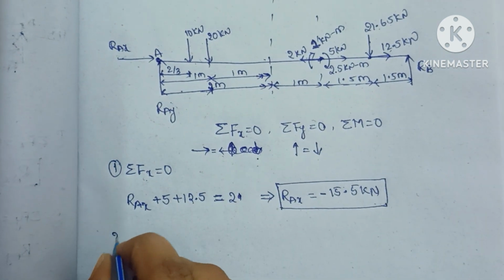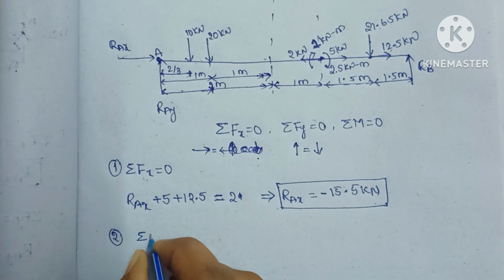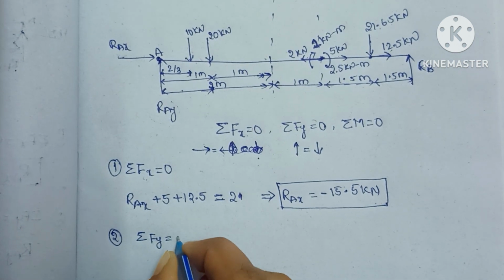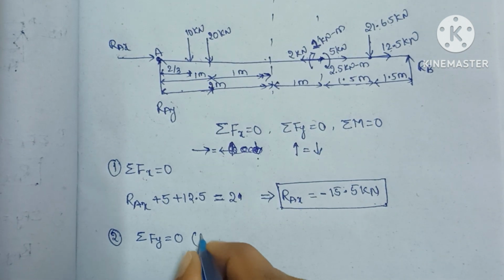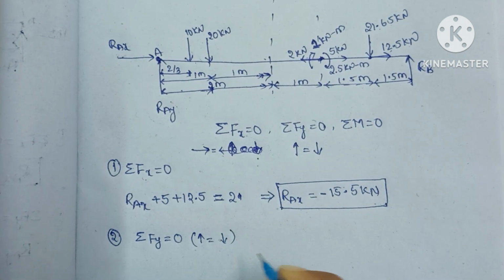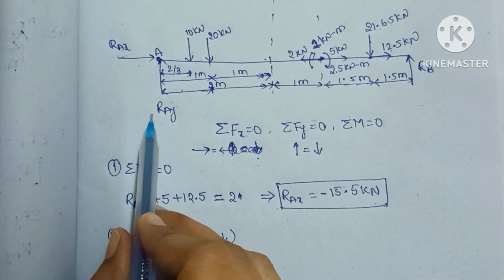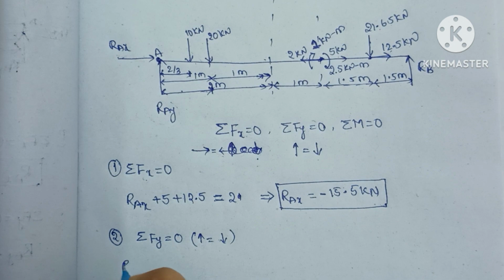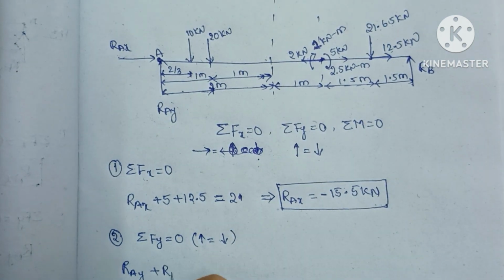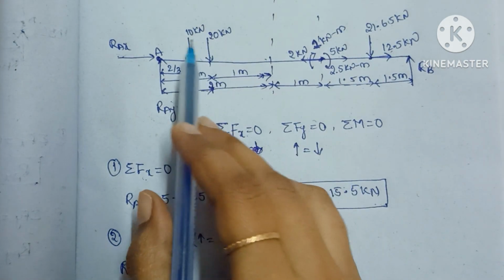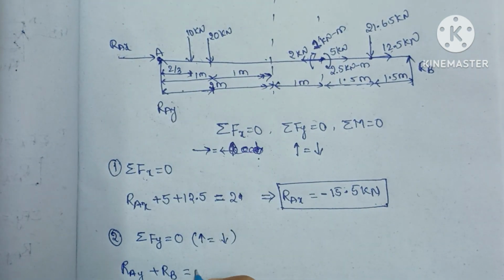Next one is sum of the forces acting in y direction equal to 0. So from this equation I am writing sum of the forces acting in upward direction, which is equal to sum of the forces acting in downward direction. I am equating like this. So force acting in upward direction is RAY. So RAY plus RB, which is equal to force acting in downward, which is 10 kilonewtons.